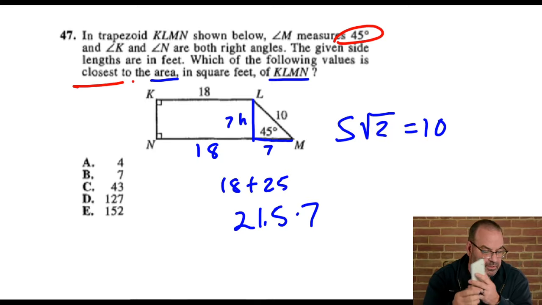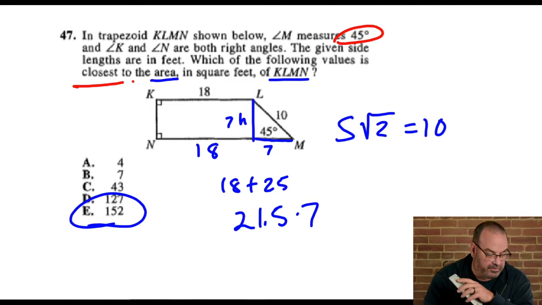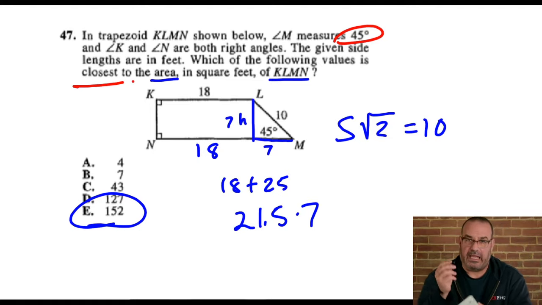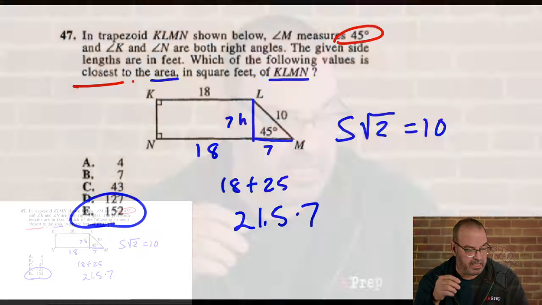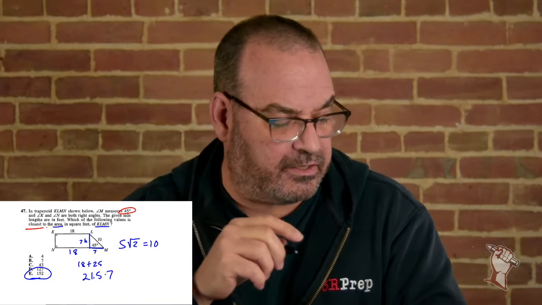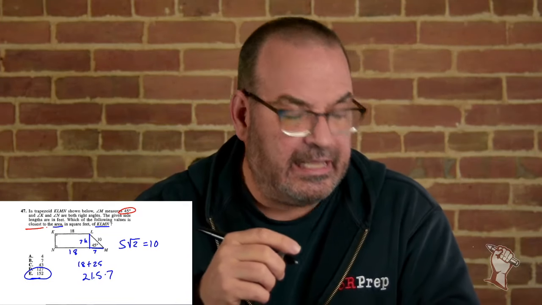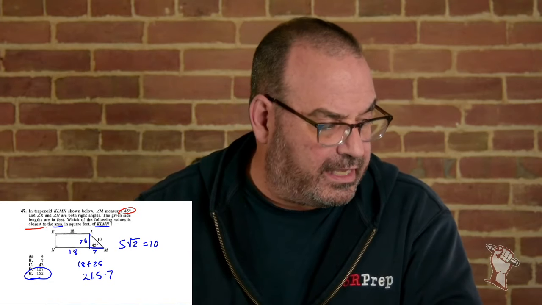So I didn't do this all the way out, and I could have, but the answer is E, 152. Remember, the area of a trapezoid is the average of the bases times the height. And I could have typed this whole thing into the calculator and gotten closer to it, but when it's 7.07, just use 7. You will get the closest answer.